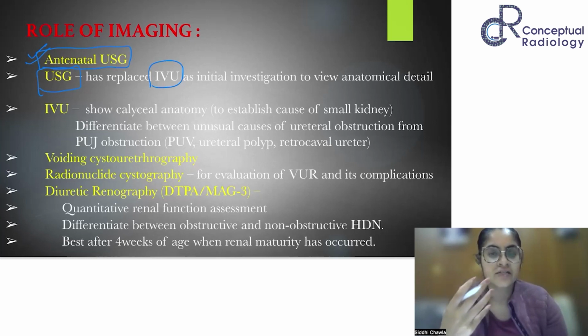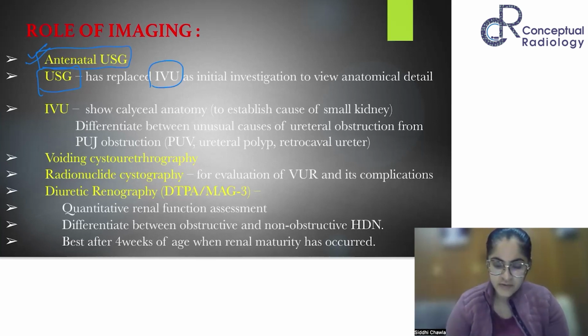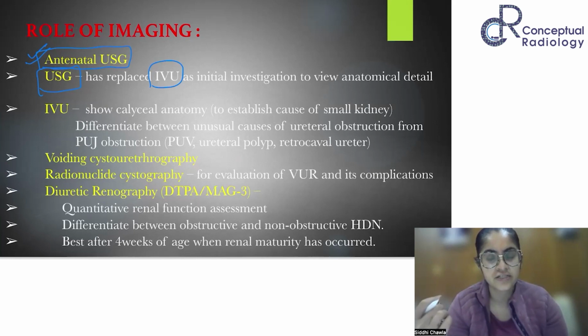Earlier it was considered that IVP is the most important investigation, but that is not so now. If anybody does not know what IVP is, it is intravenous urography. We give intravenous contrast and we see the excretion of the contrast via the kidneys. As the kidneys excrete the contrast, we see the opacification of the pelvic calyceal system, as well as the course of the ureters and the bladder.